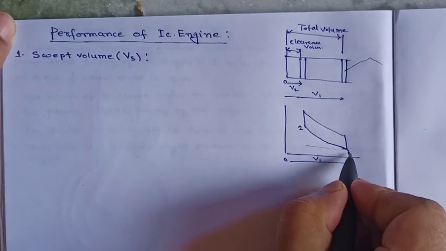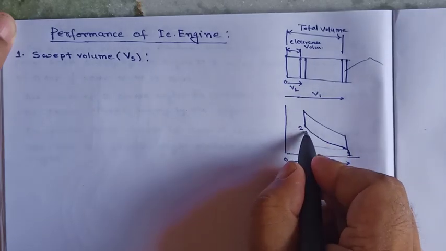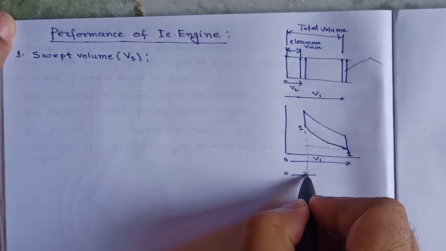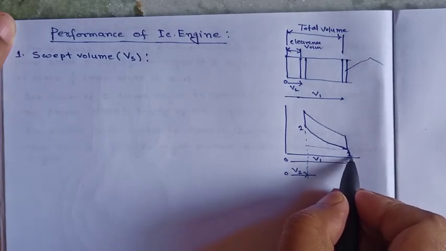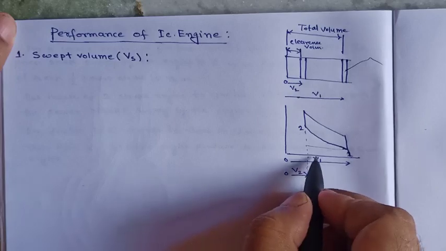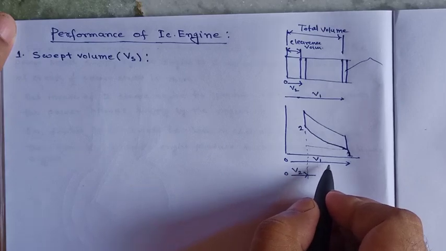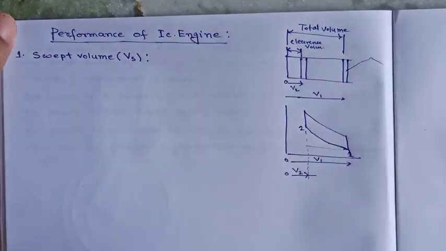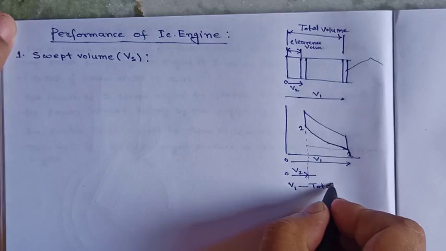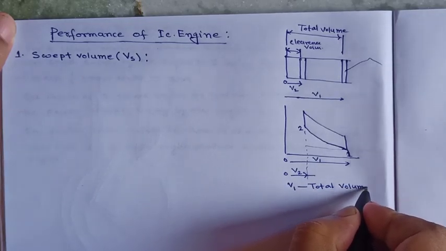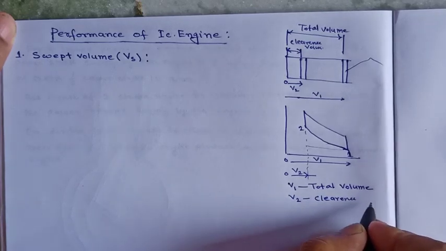Up to 1, this volume is V1, that is the total volume, and V2 is the clearance volume.